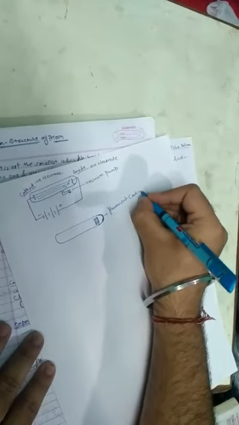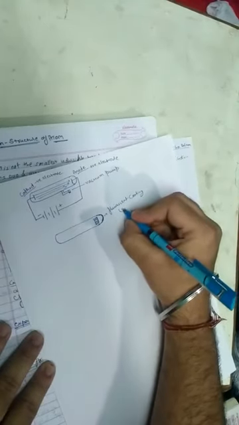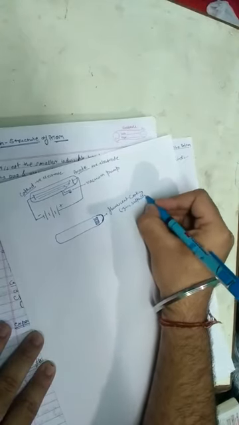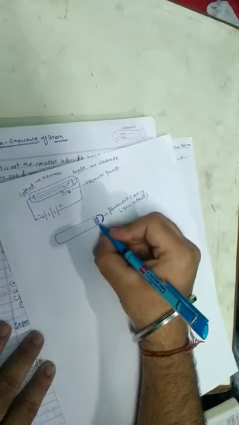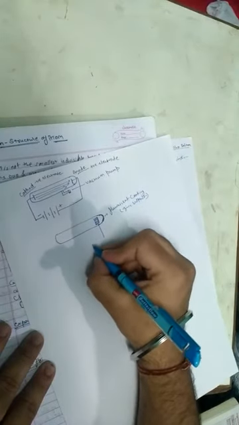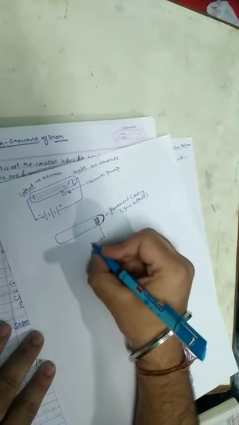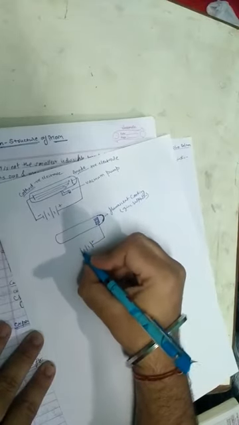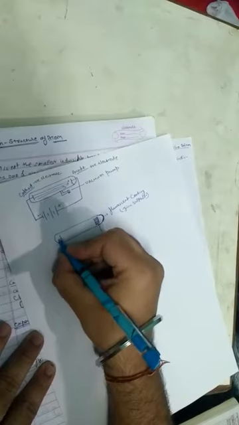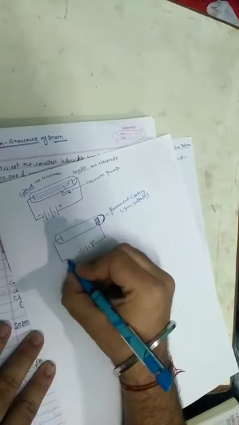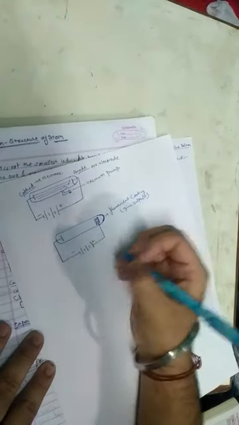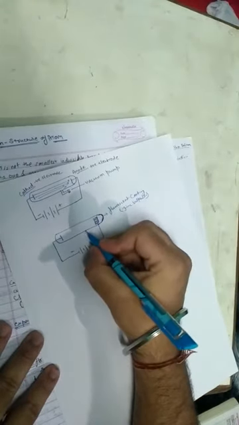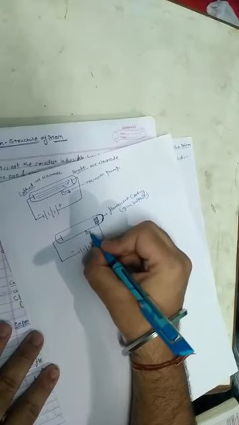Fluorescent coating, like zinc sulfate, and this anode is connected with the positive pole of battery, and here is the cathode, which is connected with the negative part of battery and vacuum pump.